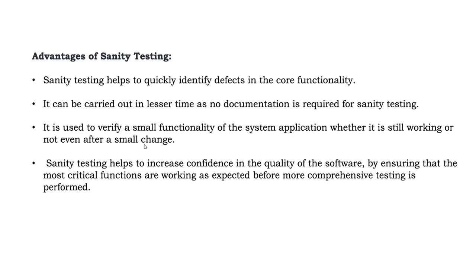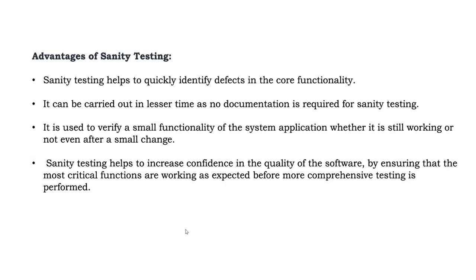Sanity testing helps to increase confidence in the quality of the software by ensuring that the most critical functions are working as expected before more comprehensive testing is performed. So basically, it gives you more confidence, because on a defect you perform testing by putting multiple values, and you try a lot of different methods.